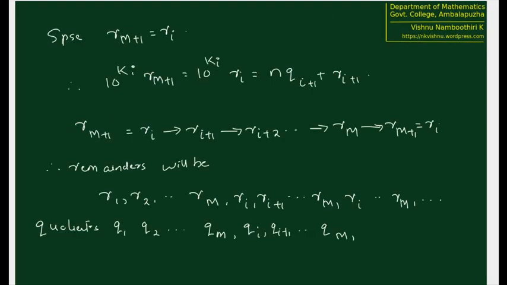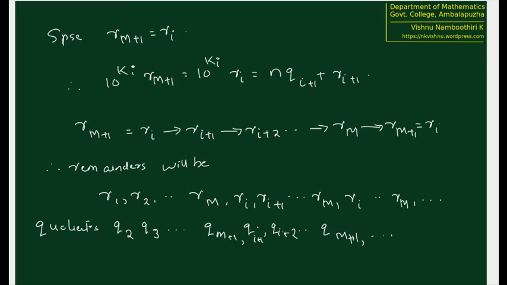So we should write here that the quotients are Q2, Q3, etc. Qm plus 1 corresponding to Ri. We have the quotient Qi plus 1, then Qi plus 2, etc. Qm plus 1, etc. The quotients also will be repeating.